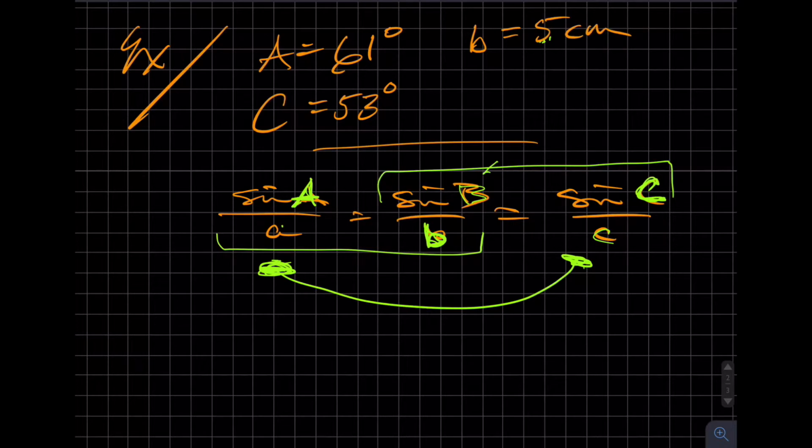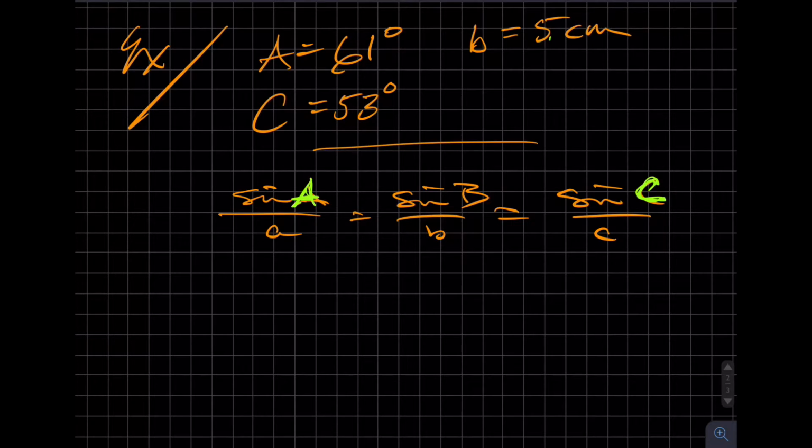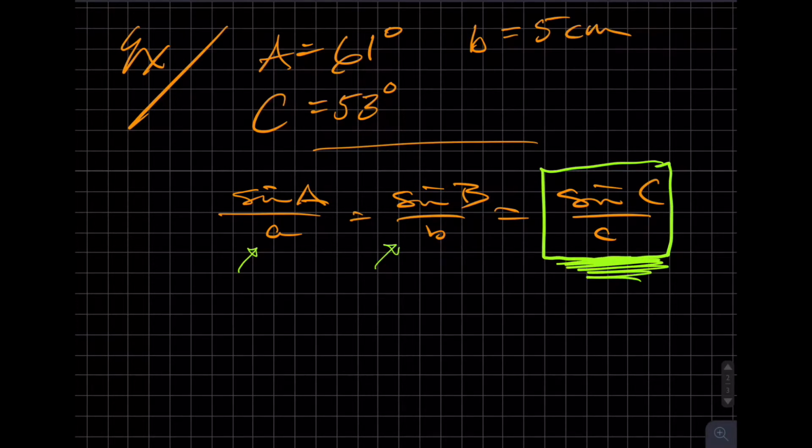What I'm trying to point out is you can identify a law of sines problem very easily: if I have one of these fractions, or half of the proportion, then I will have one of these other pieces of information, and I can complete one of my equations. Then from there, I can find the third angle and complete the third equation. So if I have one of these pairs, I'm all set.